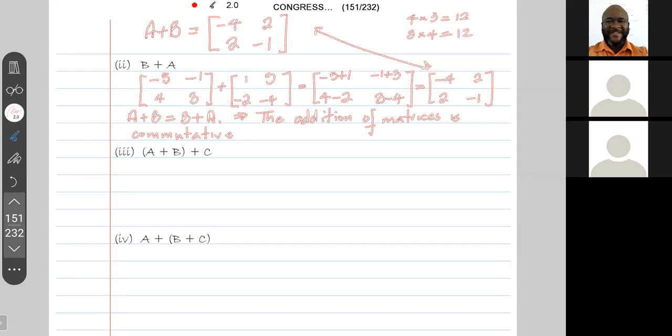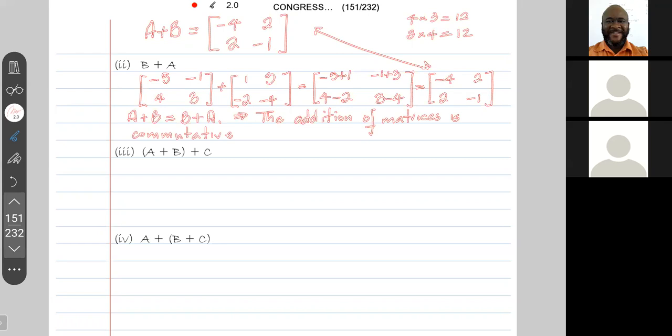I changed the order, but the answer came out to be the same. So I had A plus B first, then I had B plus A. I changed the order, but the answer came out the same. In such a situation, we say that the operation is commutative.